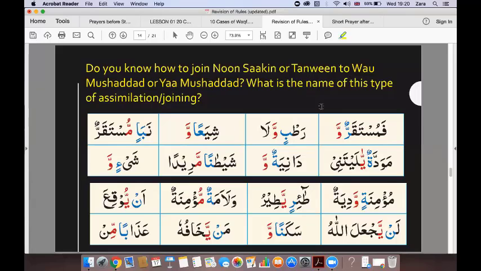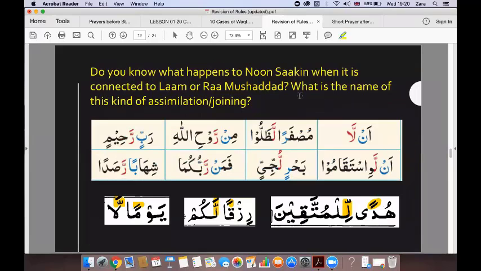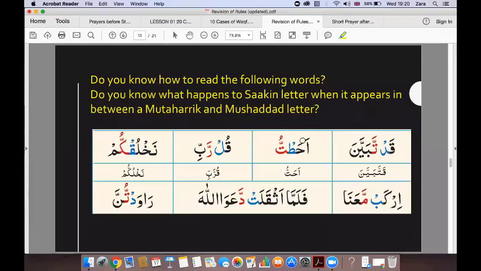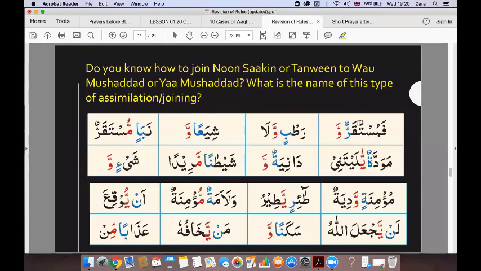So over here, we're looking at a different rule, because remember in the previous lesson, we looked at Lam or Ra Mushaddad. So in these lessons, we saw that when we join either Nun Sakin or a letter with Tanween, we completely omit the sound of the Tanween or the Sakin, so we don't hear that Nun sound at all. So that was complete assimilation. Over here, we've got Waw or Ya Mushaddad.